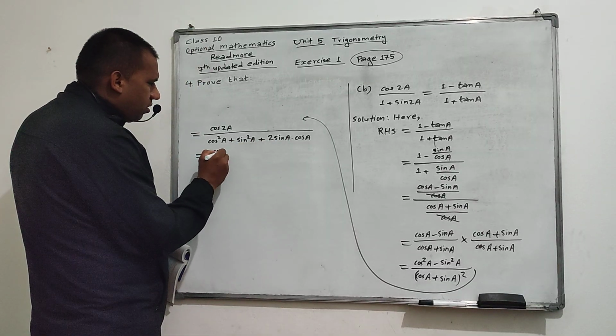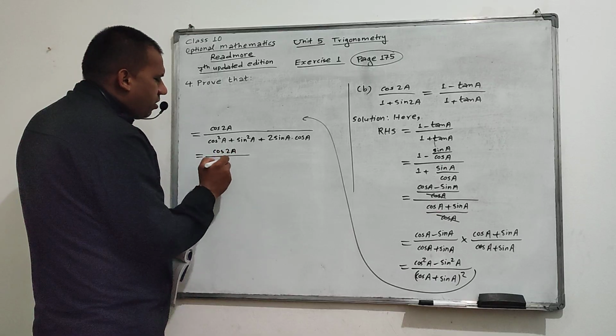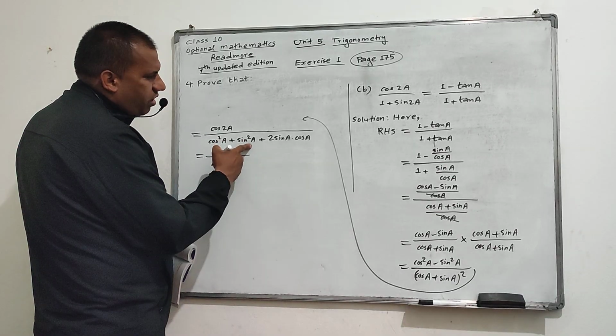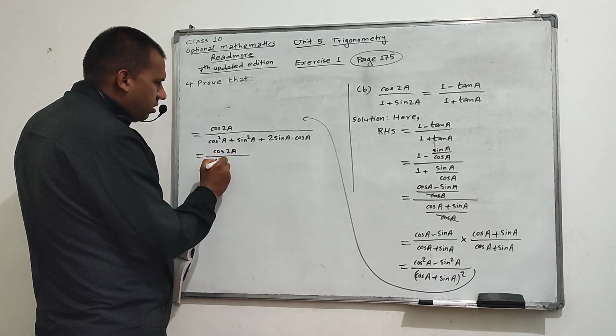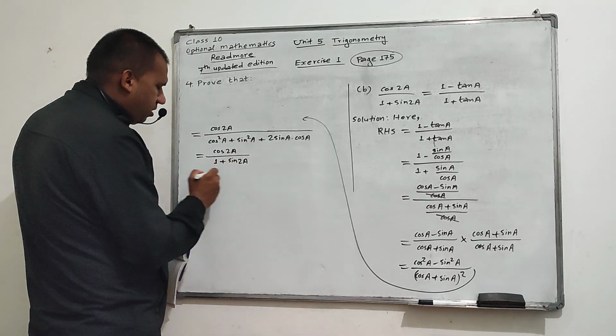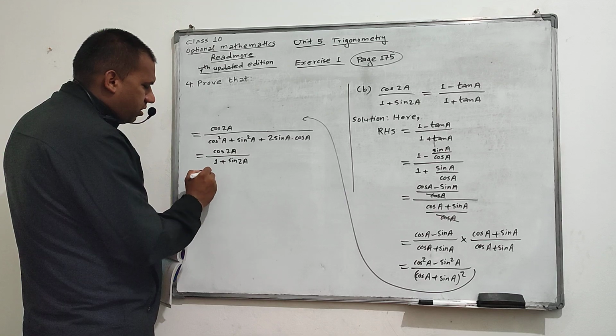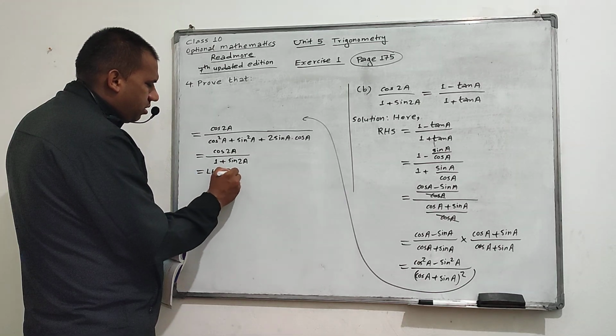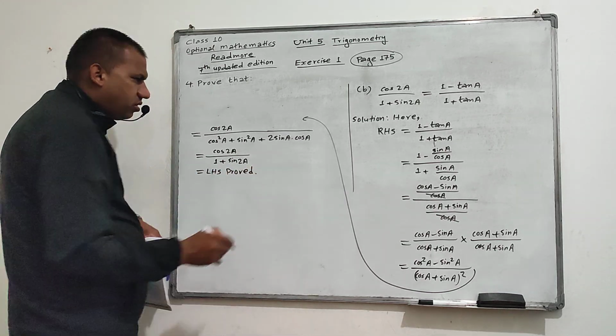Now this equals cos 2a whole upon cos square a plus sin square a, whose value is 1, plus 2 sin a cos a, that is sin 2a, which is the LHS. It is proved.